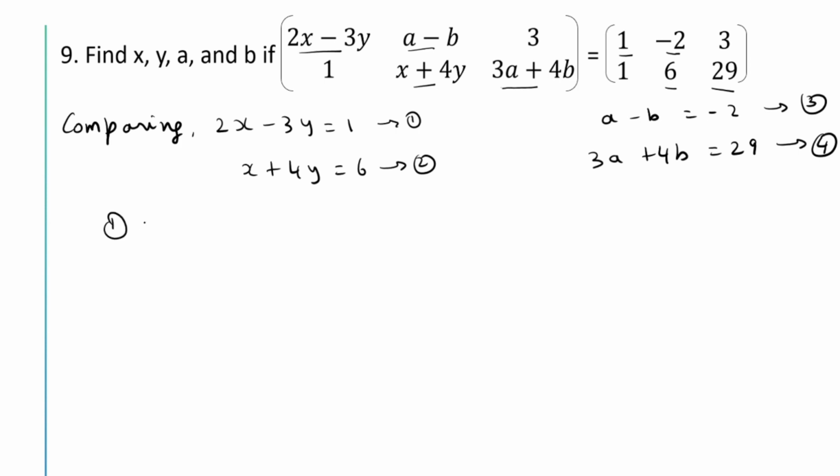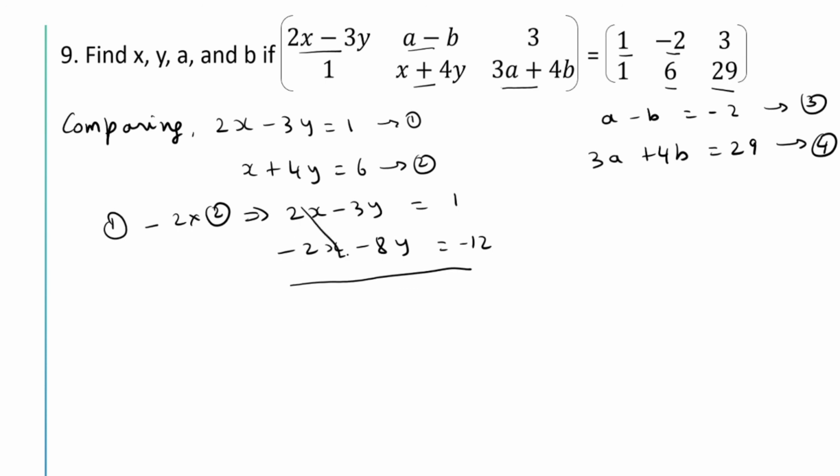So equation 1 minus 2 into equation 2. So we get 2x minus 3y minus 2x minus 8y is equal to 1 minus 12, which is minus 11.